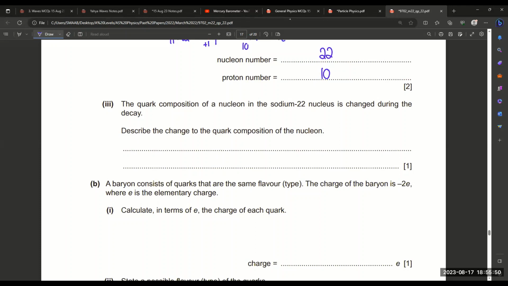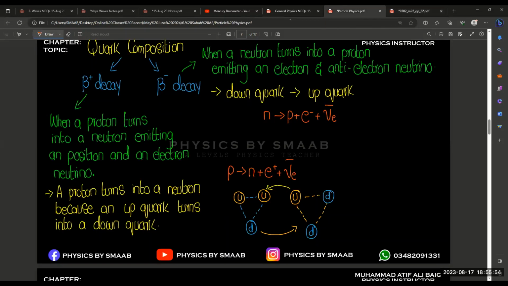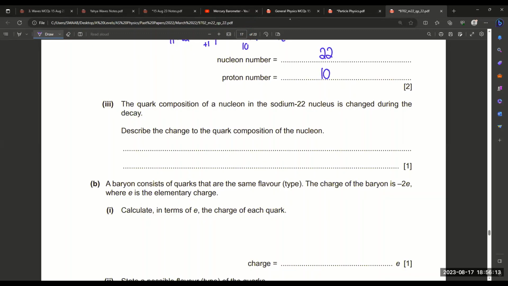Yeah, they're asking about the quark composition of the nucleon. So what actually is changing? An up quark is changing into a down quark. So that is your answer in the formation of the quark.